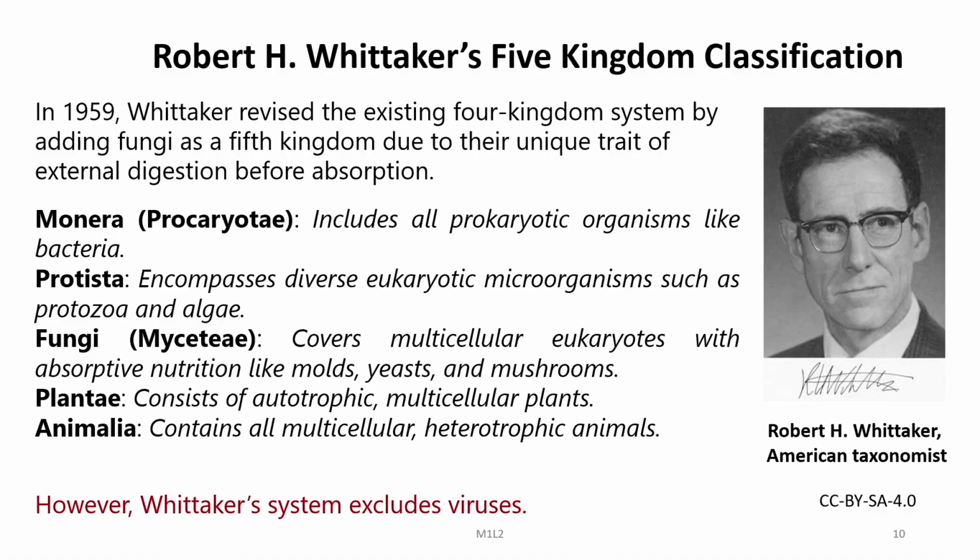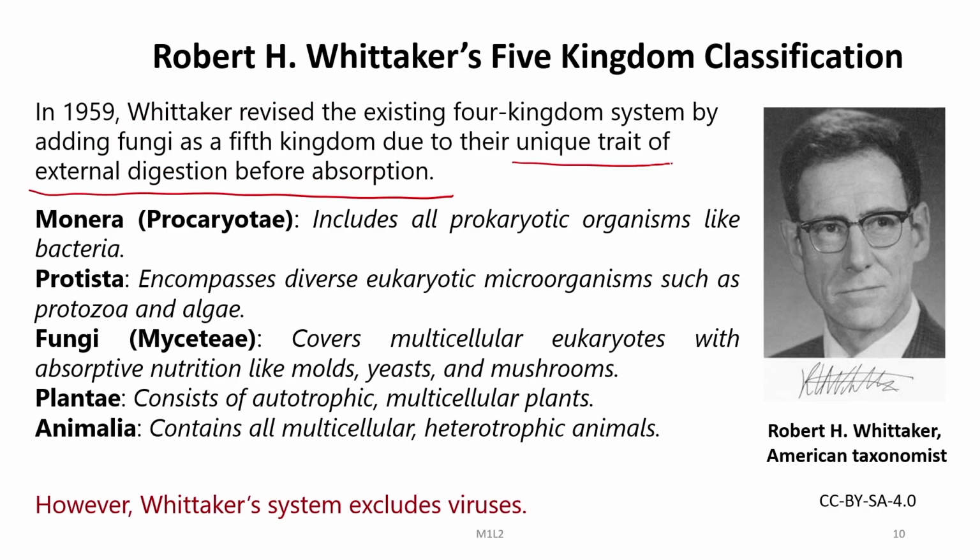They included them into the eukaryotes, and some do not have that defined nucleus, and they included them as prokaryotes. Similarly, with the advent of another technology, Whittaker put forward a 5 kingdom classification. Here he particularly added fungi as the 5th kingdom due to the unique trait of external digestion before absorption.